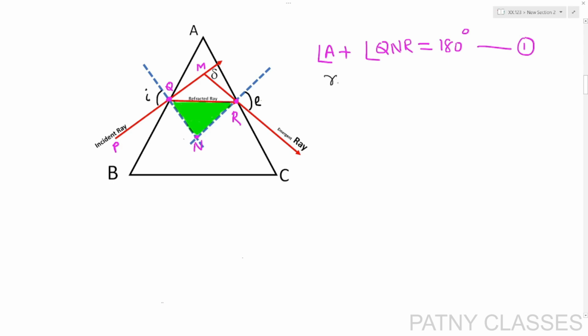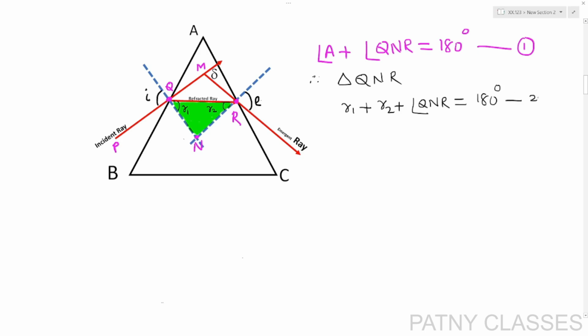Let R1 be the angle of refraction at the face AB and the angle of incidence at the face AC equals R2. Therefore, in triangle QNR, R1 plus R2 plus angle QNR equals 180 degrees.